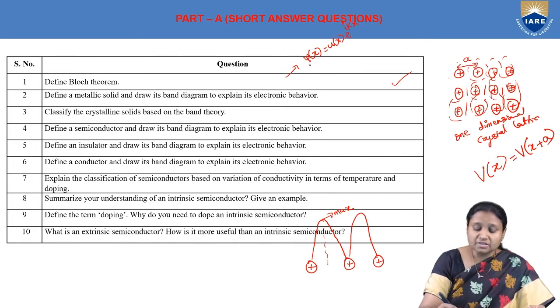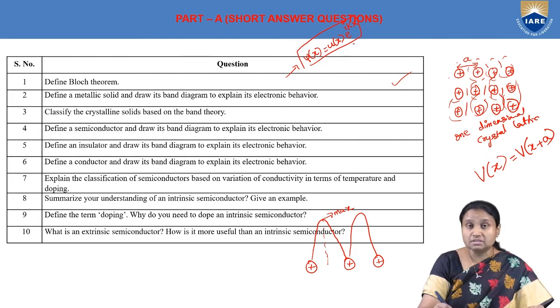Now coming to this particular wave function, as you can see, there are two terms. e to the power of ikx represents plane wave equation, which is modulated by one more periodic function. So this u of x, which is called modulating function, has same periodicity as periodicity of potential, that is nothing but inter-ionic spacing a.